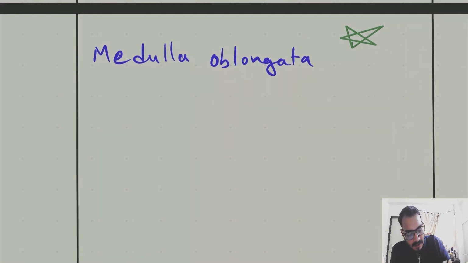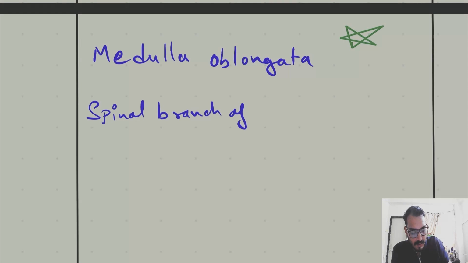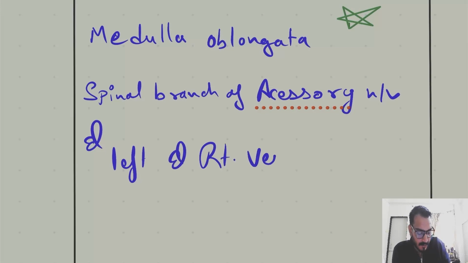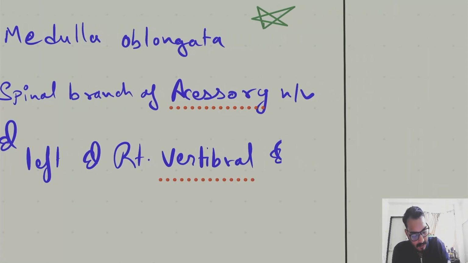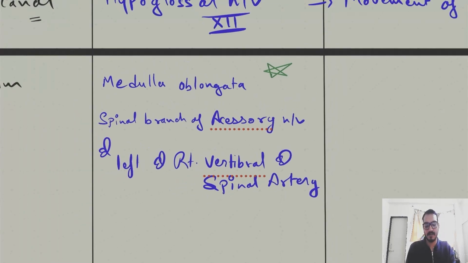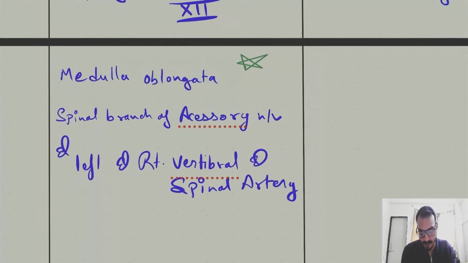And then we have the spinal branch of the accessory nerve, left and right vertebral arteries, and the spinal artery.